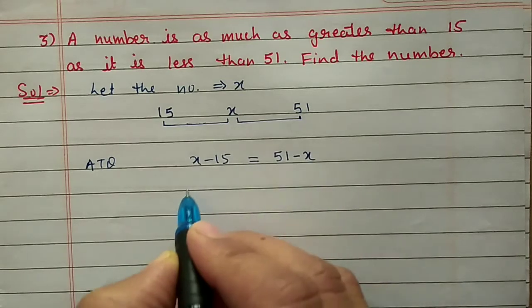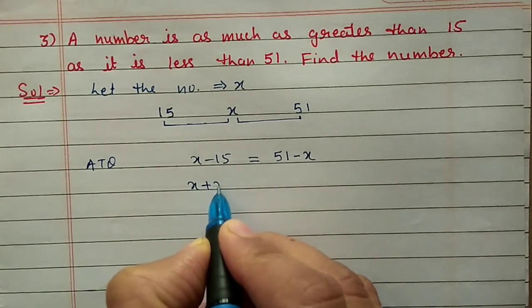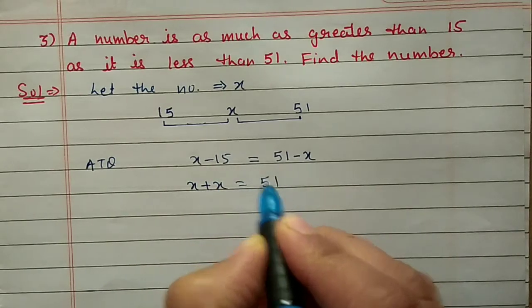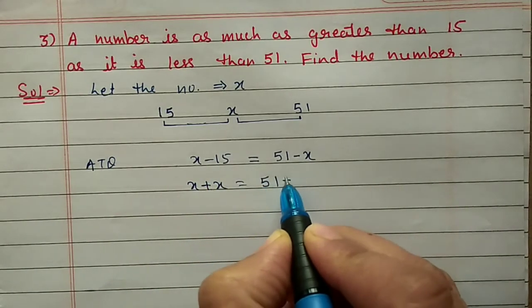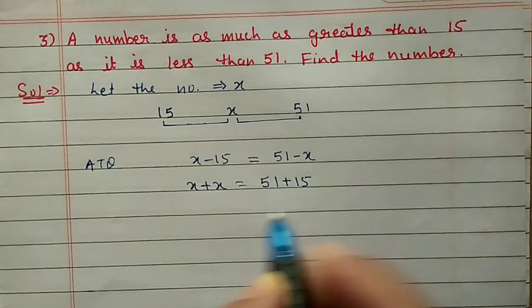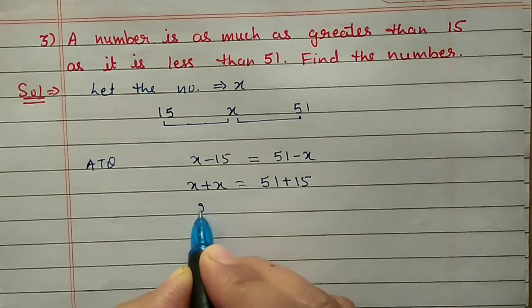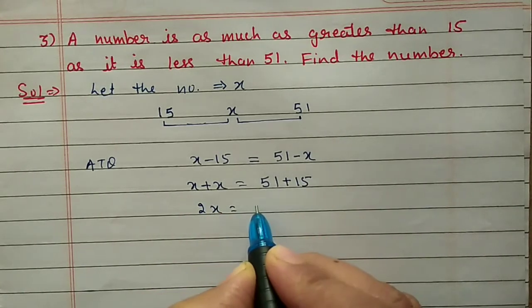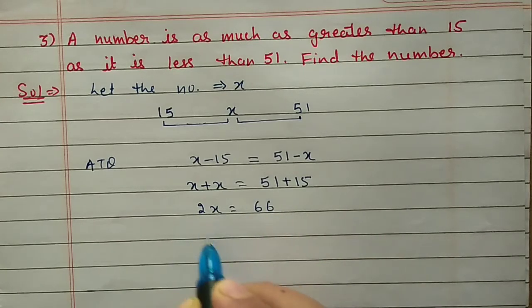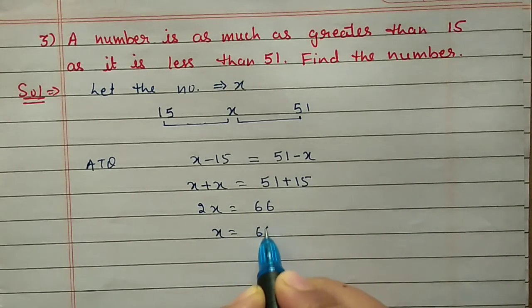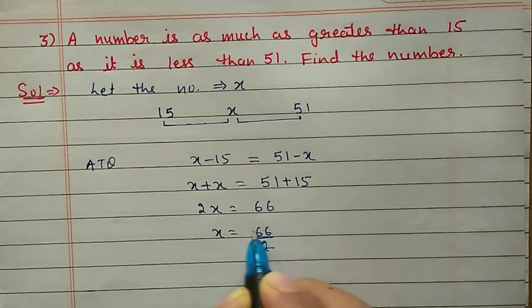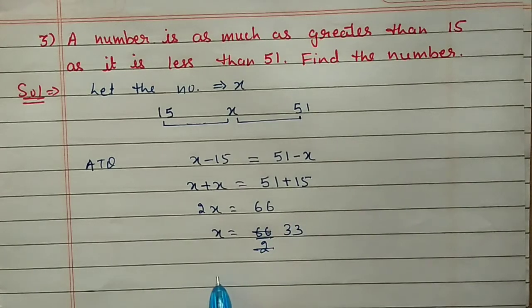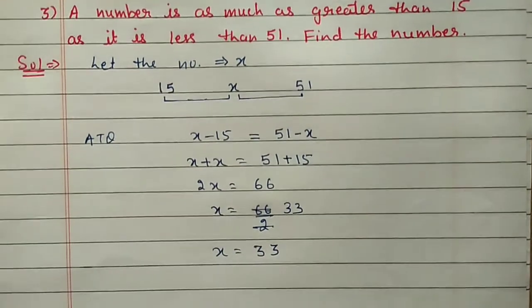This minus x when we will shift here it will become plus x, and minus 15 when we shift another side it will become plus 15. So x plus x, 2x is equal to 66, and 2 also we can shift another side. 2 will go for division, cancel out, and x is equal to 33. It means the number is 33.